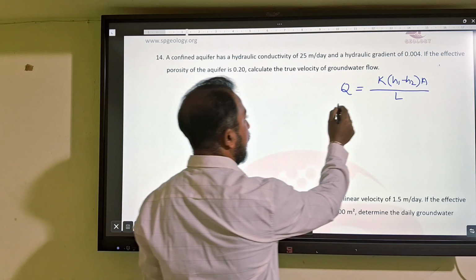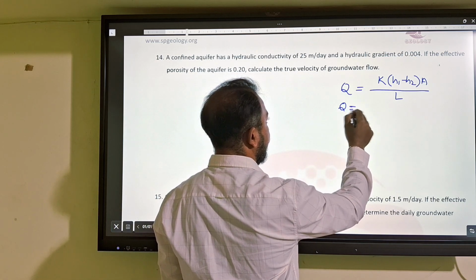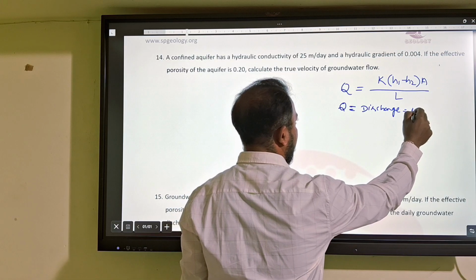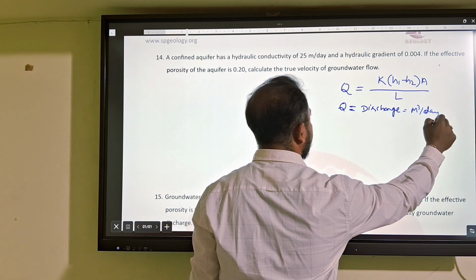So Q here is your discharge, or you can say rate of flow, which has a unit of meter cube per day.